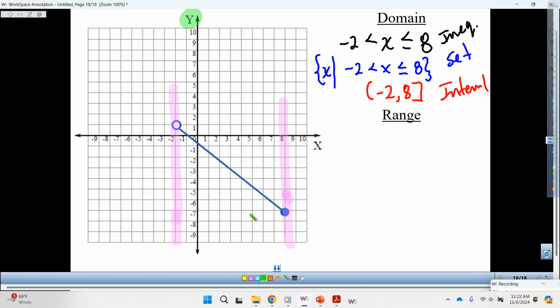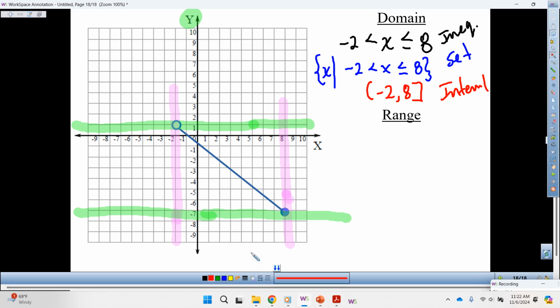Renzo, pass someone. Enrique, where do we start at the bottom? -7. Let's see. Looks about right. How about at the top? +1. Let's see. Looks about right.